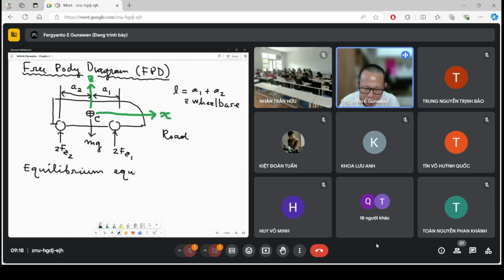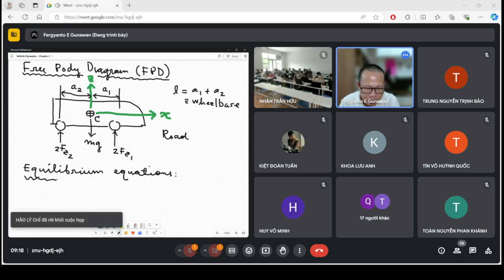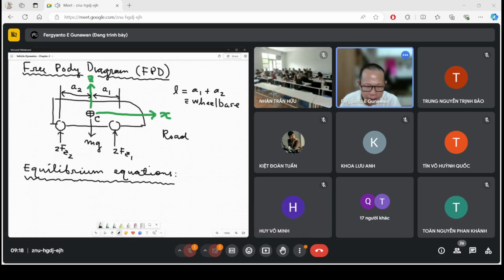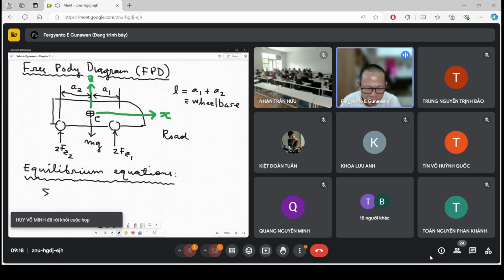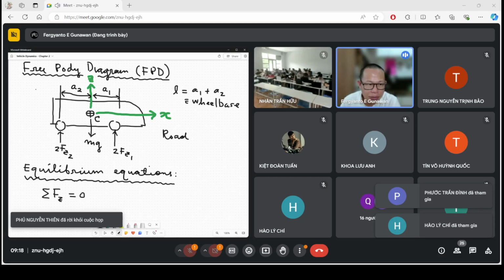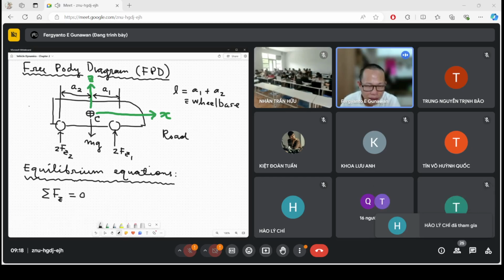We are going to apply these equilibrium equations to this case, such that we can obtain the force on each of the wheels. And the first equilibrium equation is very simple. We are going to say the sum of forces in the z direction equals 0, right? This is the first equilibrium equation.